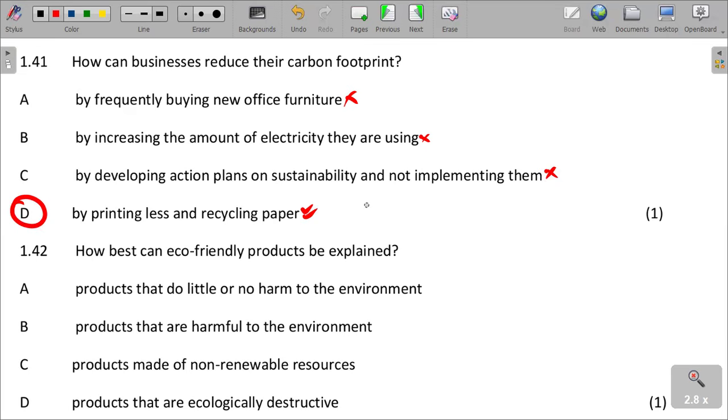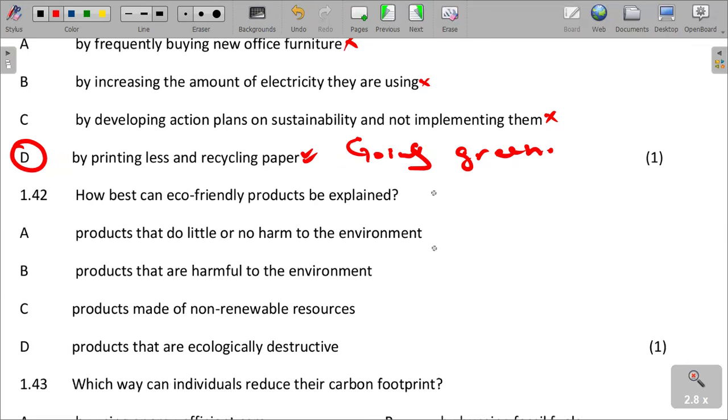We are saying going green. Going green can be a good way. Digital, paperless space where people can send and share information other than printing. Printing results in extensive cutting down of trees when paper is to be made, and therefore we are talking about deforestation.